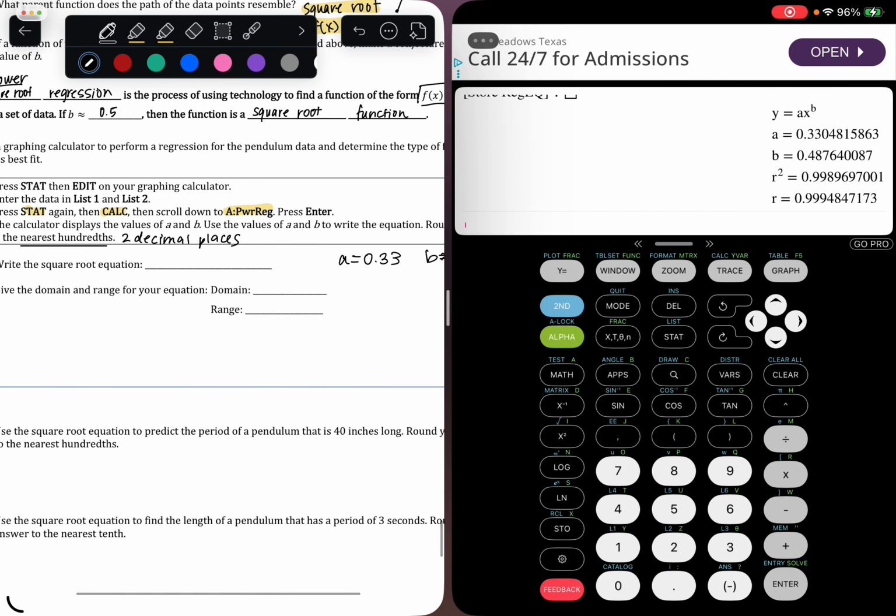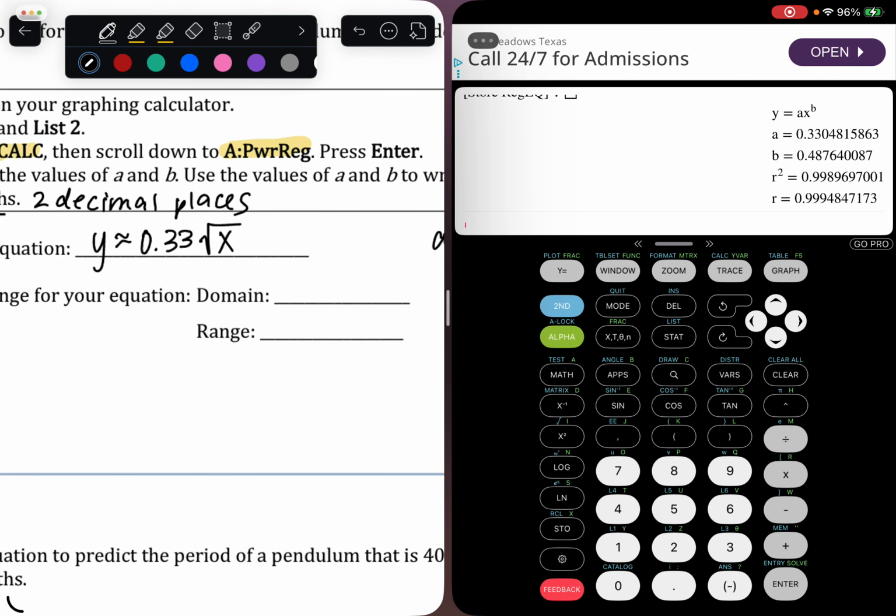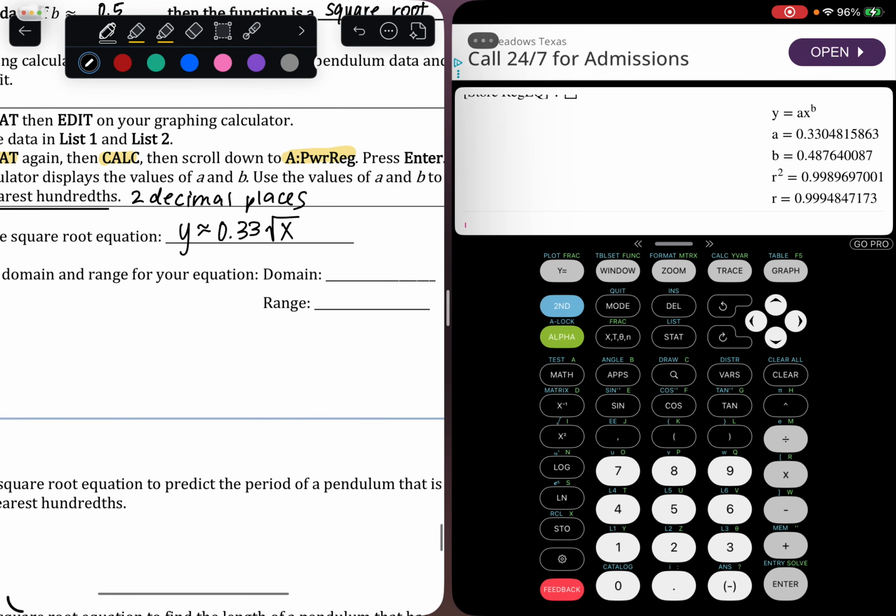So our square root equation would be approximately 0.33 square root of x. Your only job is to make sure your b value is close to 1/2. In this case, it is 0.48. Then just write down what your a value is. That's where I'm getting that 0.33.